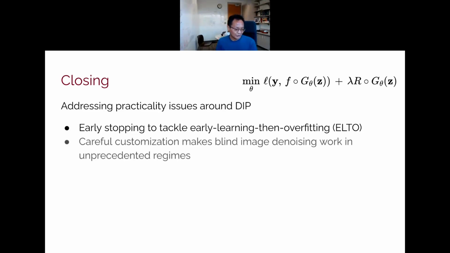And also, I showed you a powerful application of the double DIP idea to this blind image deblurring task, which we actually make work in a very new regime where you have substantial noise and also substantial kernel overspecification.